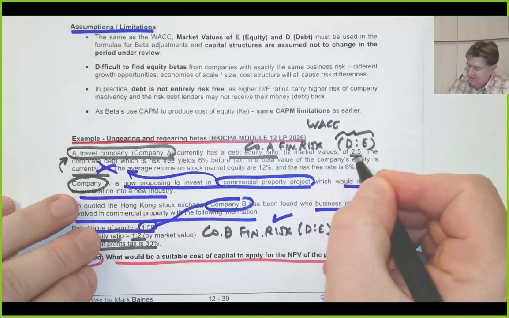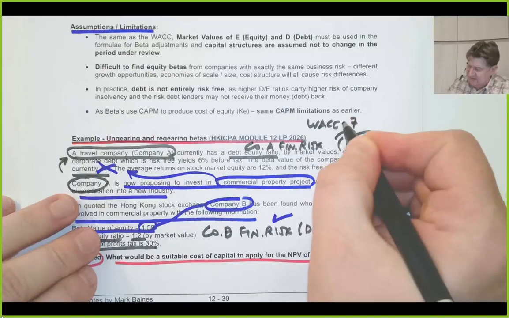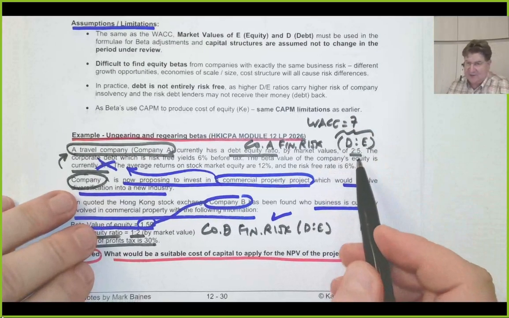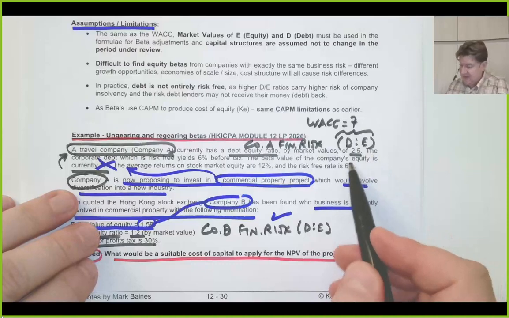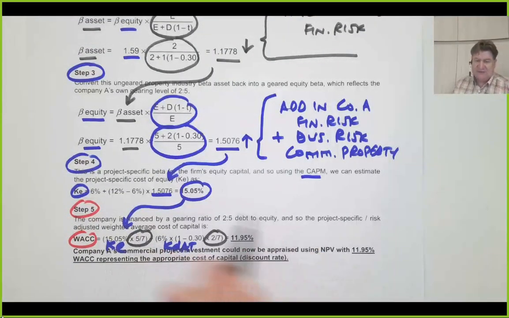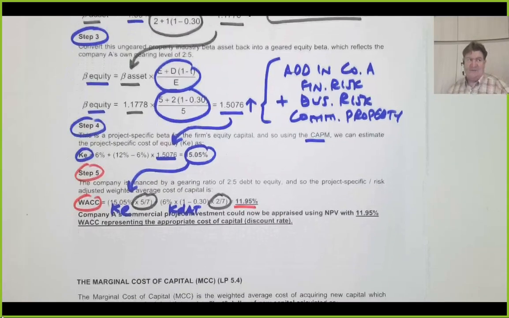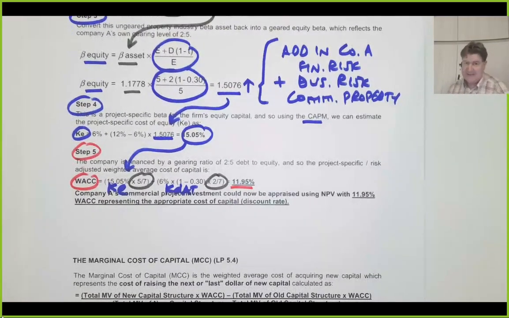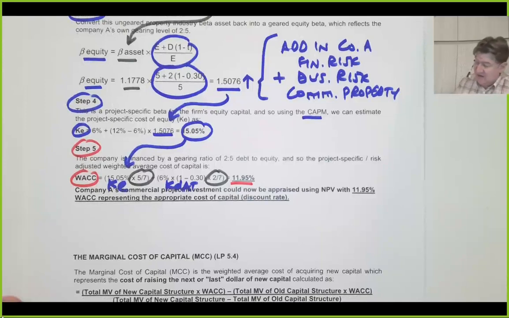So look, if we add it up, 2 plus 5, that's going to give us 7. And then for equity, we're going to do 5/7 and then 2/7. Let's calculate that out, and that will give us just there 11.95%. So finally, let's write it all out now for the examiner.